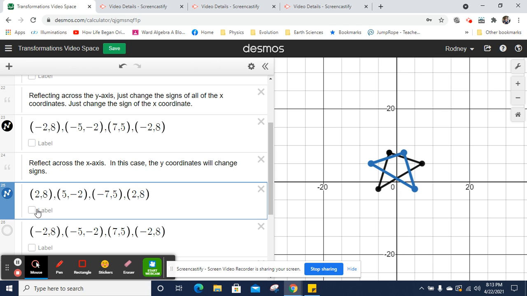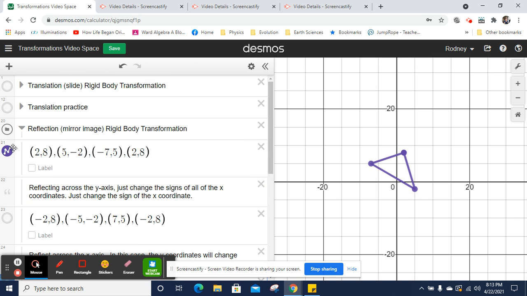That one. Okay, so I'm going to change the y coordinate to -8, -2 to +2, the +5 to -5, and then of course clean it up, put loops around, and there we go. I'll turn this one off so you can see what's going on. So now I've reflected this one across the x-axis. I'm also going to go ahead and reflect this one.